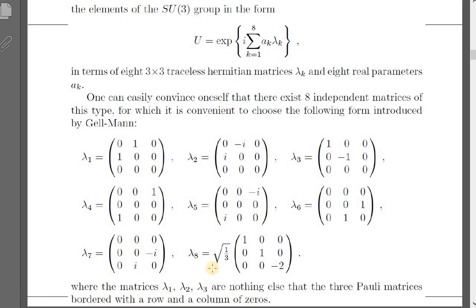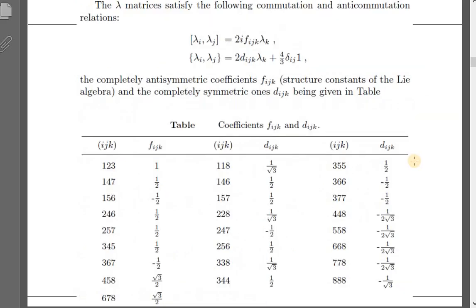up to lambda 8, where the matrices lambda 1, 2 and 3 are simply the 3 Pauli matrices bordered with rows and columns of zeros here, you see. Okay, so the lambda matrices satisfy the following commutation and anti-commutation relations.